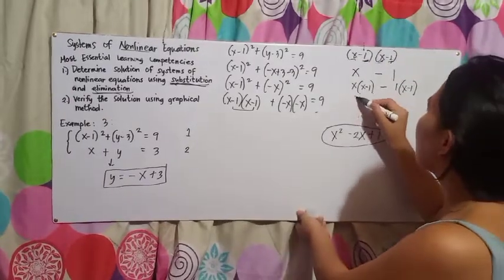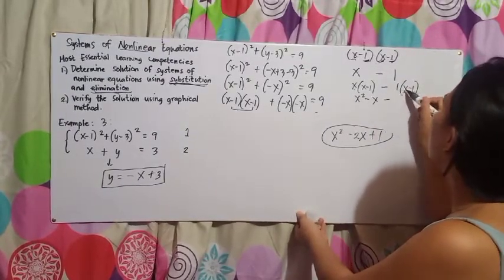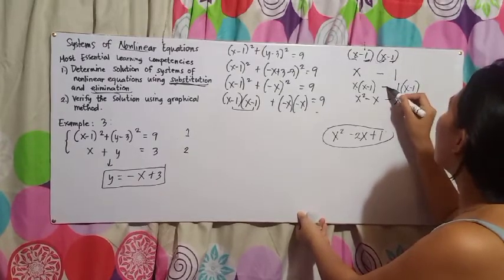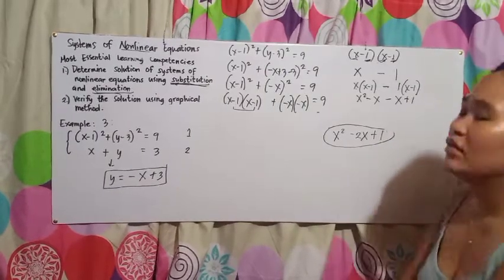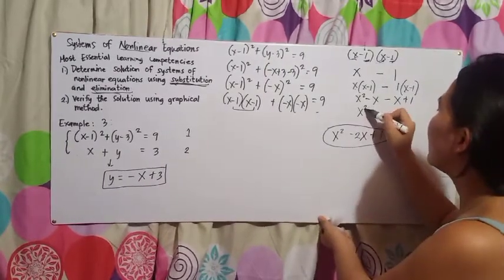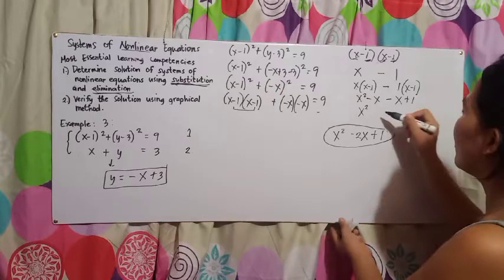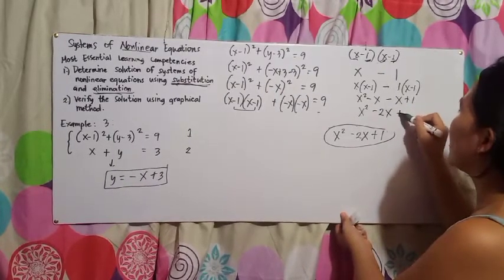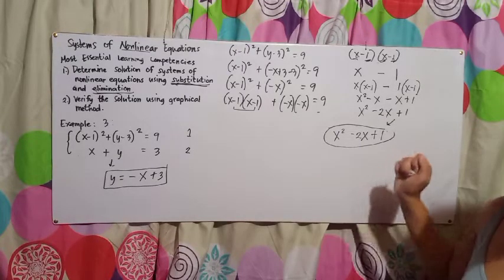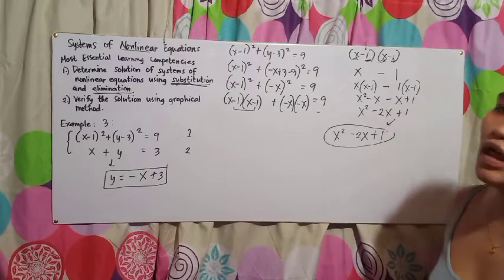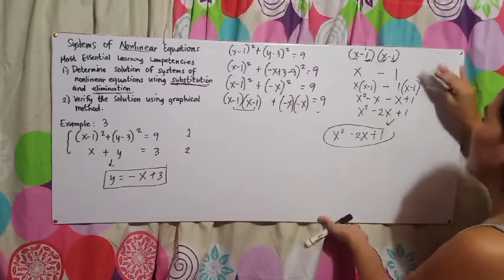So x times x squared, x times negative 1 is negative x, minus 1 times x, negative 1 times negative 1 is positive 1. So x squared, negative x minus x. Since they have the same sign, both negative, we add. Negative 2x plus 1. So it is the same as before. Whichever way you solve, long method, FOIL method, or distribution, the answer is the same.